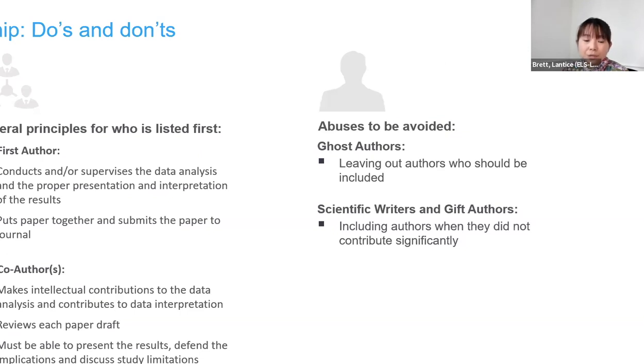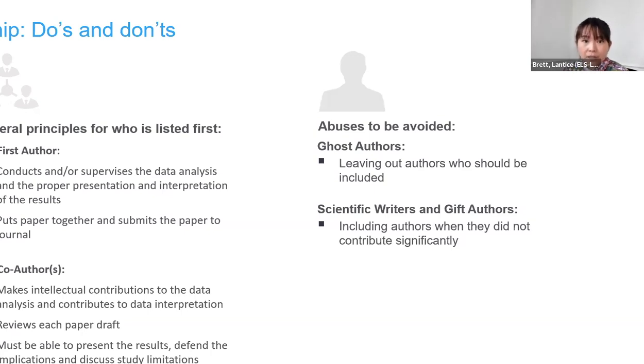Co-authors are those who contribute to the paper, make an intellectual contribution to the data analysis, or contribute to data interpretation, and they should review each paper draft, and they must be able to present the result, defend the implication, and discuss study limitations. Sometimes the corresponding author can be the first author, or sometimes it's a senior author from the institution.